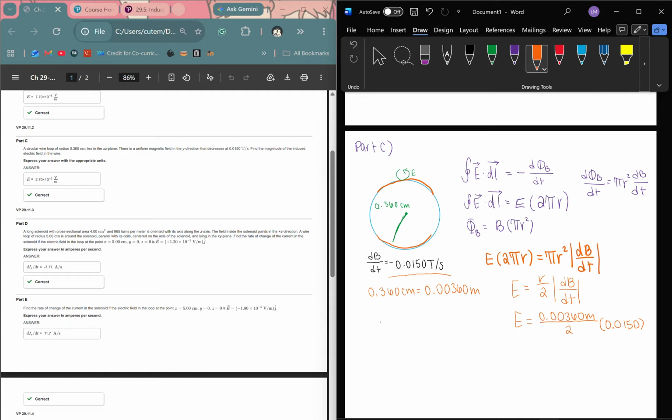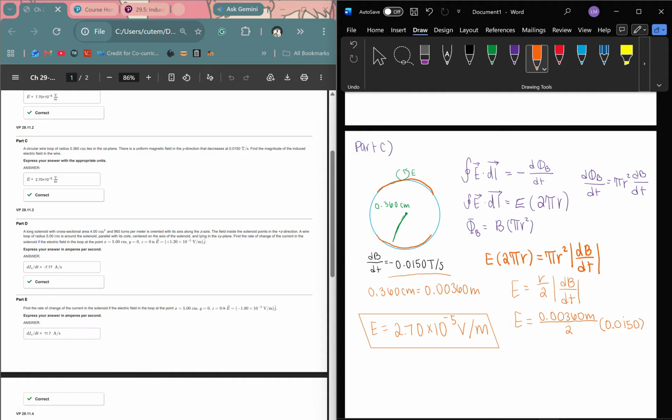So let me write it down: 2.70 times 10 to the power negative 5 volts per meter. That is my answer for part C. The magnitude of the induced electric field in the wire is 2.70 times 10 to the power negative 5 volts per meter.